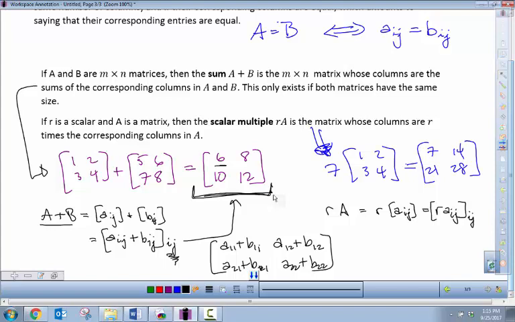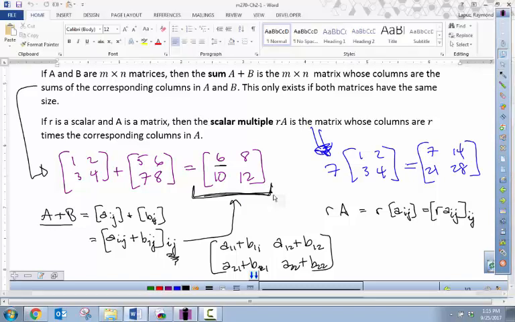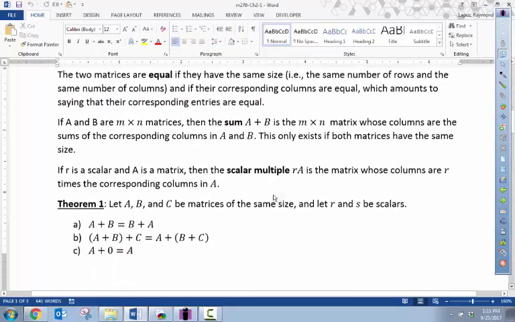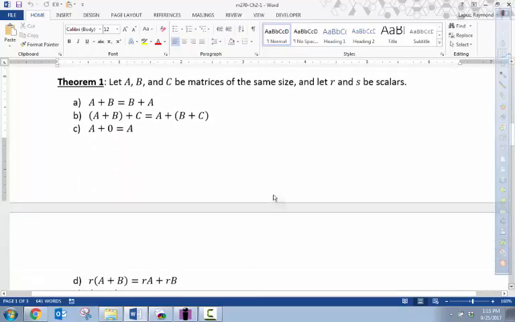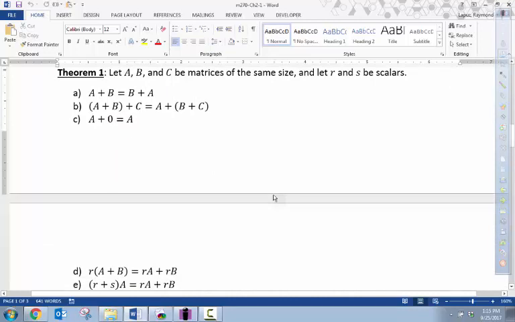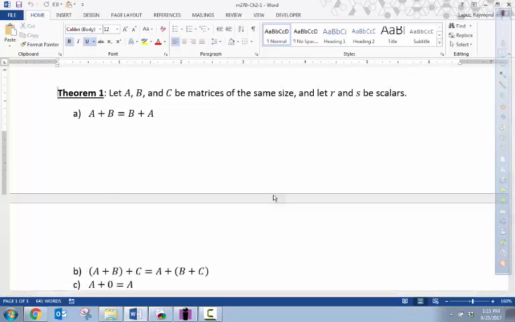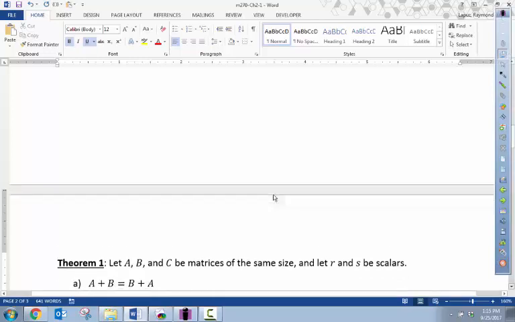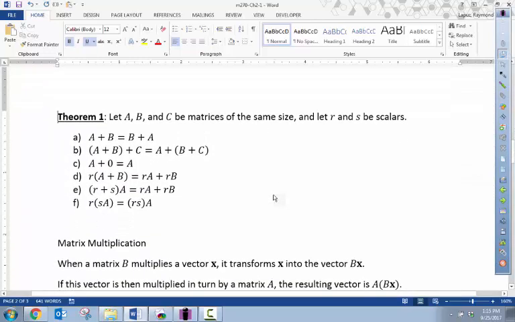Okay. So we got addition, scalar multiplication, and I think we should be ready for the multiplication, although they put off the multiplication till later. All right, here we have some properties of the addition and scalar multiplication that they put together as a theorem.